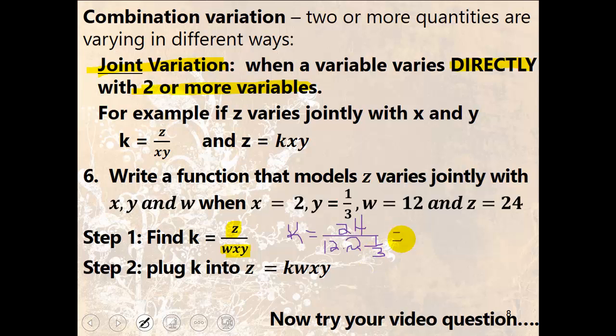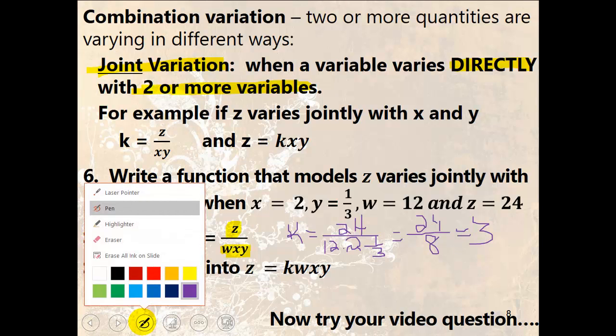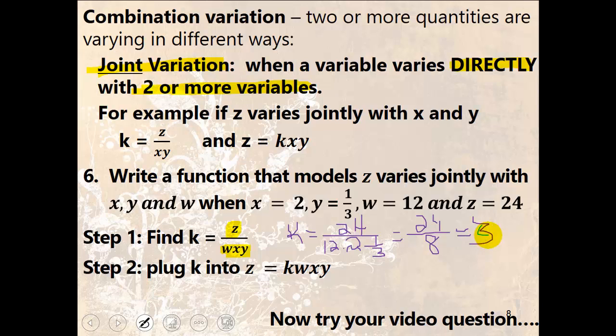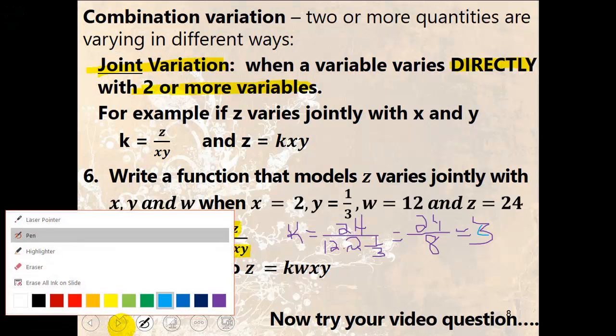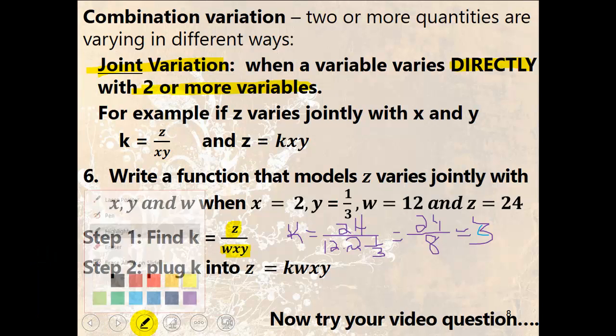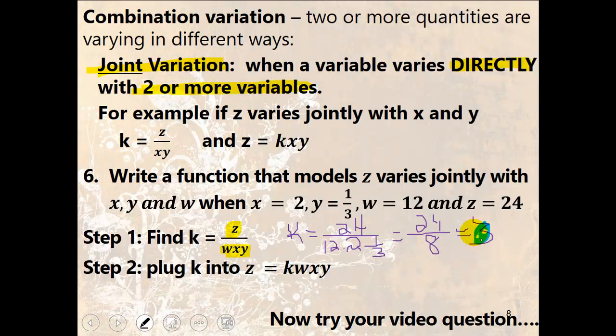If I simplify the bottom, I get 24 over 8, so that gives me 3. So that's what my k is. Then I take my k and I plug it into my equation.